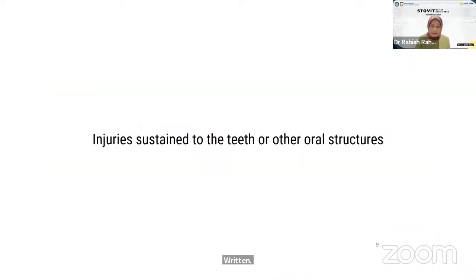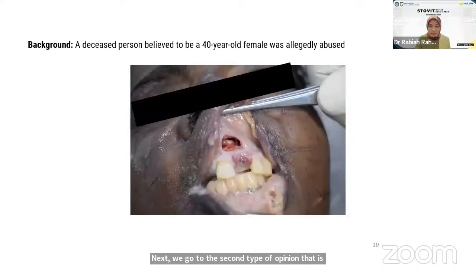Okay, next, we go to the second type of opinion, that is injuries sustained to the teeth or other oral structures. This was a case last year, referred to me and Dr. Amir.